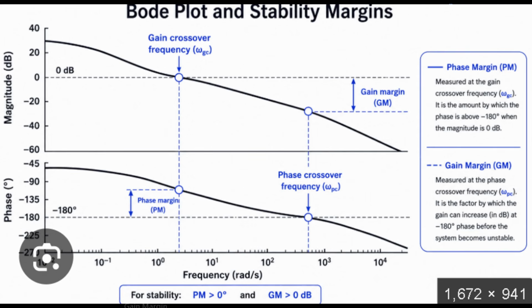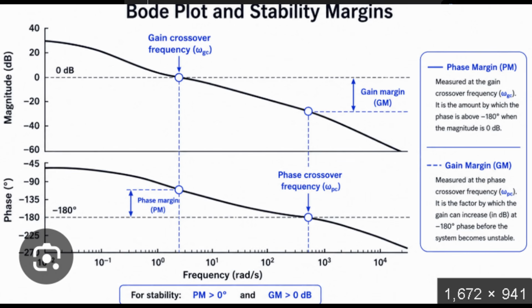For magnitude the y-axis is minus 60 to 40, and for phase it is minus 270 to minus 45. This is the magnitude versus frequency graph, and this is the phase graph. These are different, but in this diagram they look similar.